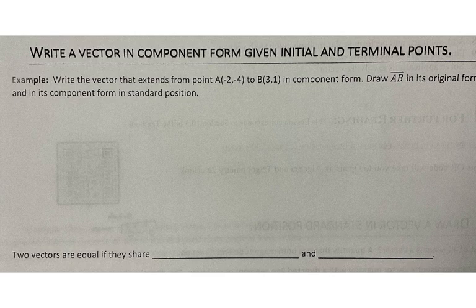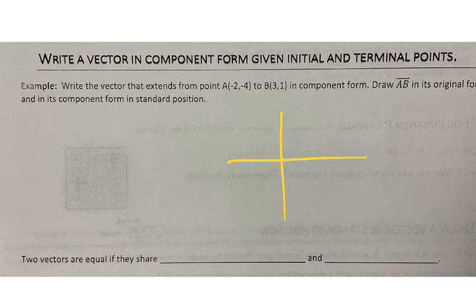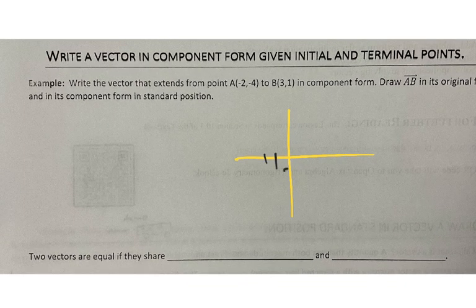So we're going to take this vector that's out in space and move it to start at the origin. It's the same vector, just starting somewhere different. Let's set this up. Point A is at -2, -4, which is here. And B is at 3, 1, which is here.